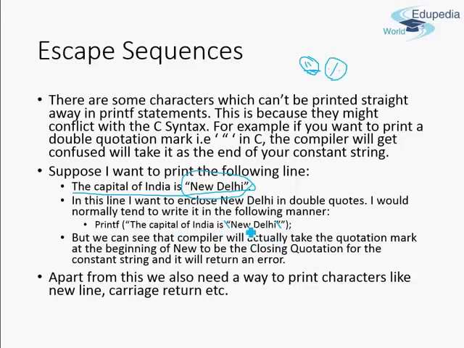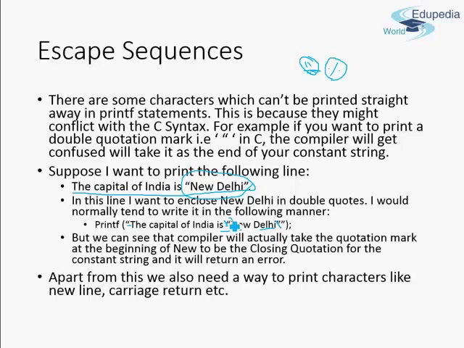Okay, what will happen if I don't have an escape sequence? The compiler will start from here. It will encounter the first quotation mark over here and the second over here. So it will assume that your constant string has ended over here, but it will find some other character, so it will report an error. So I have an option of giving escape sequences.